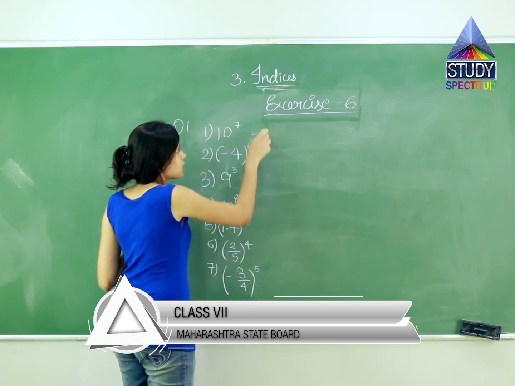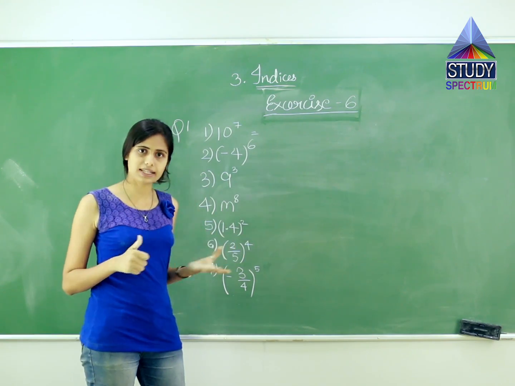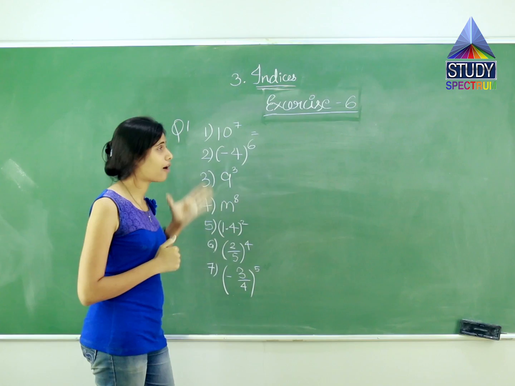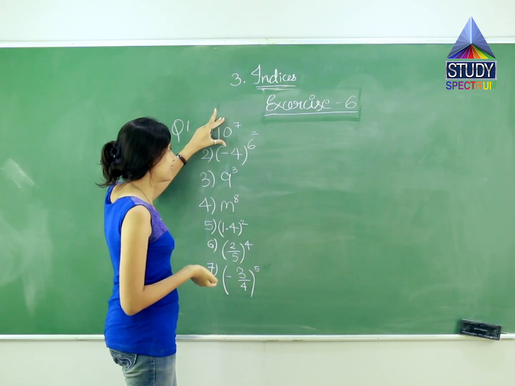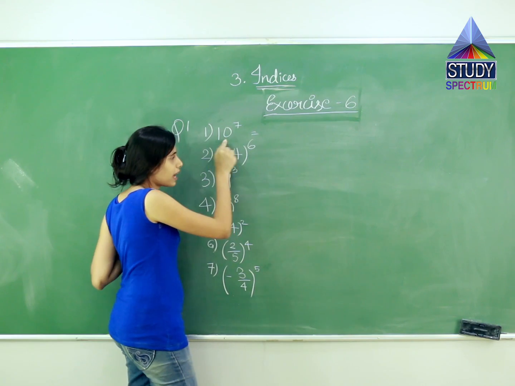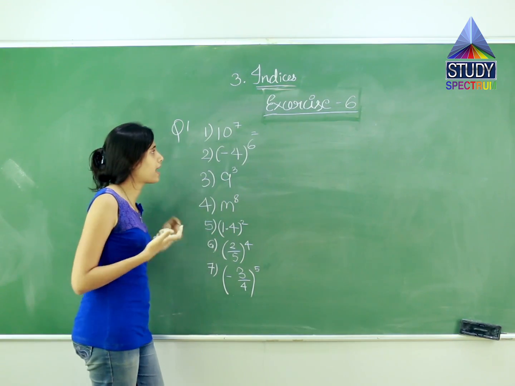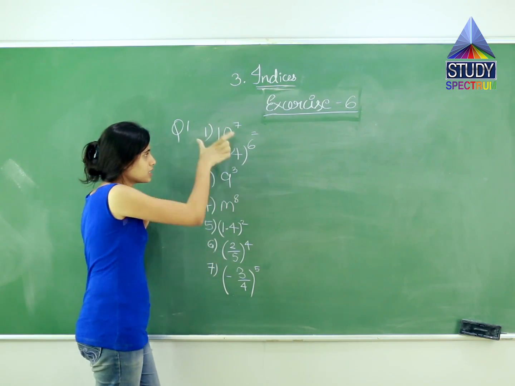Now look at this question. What it is read as. First we will do what it is read as, then we can write the product form. What can be how it is read as? 10 raised to 7, right? It is read as 10 raised to 7 because in the base we have 10 and in the index we have 7. We can also read it as 7 to the power 10. Okay, so that is what we have to write.